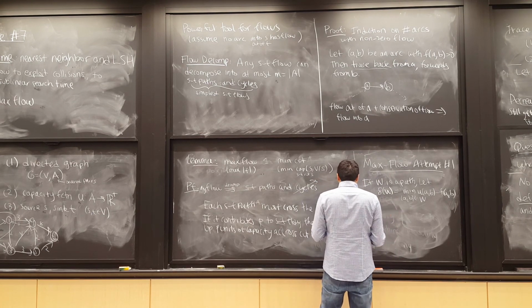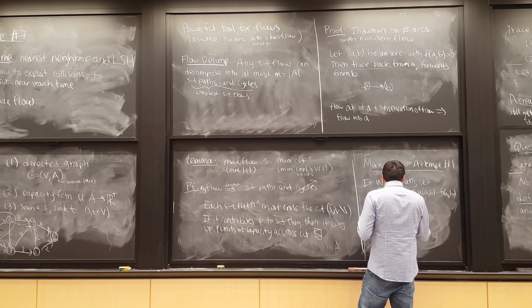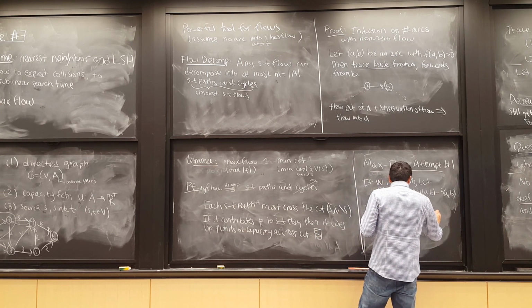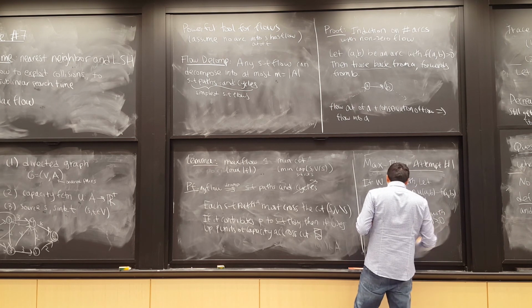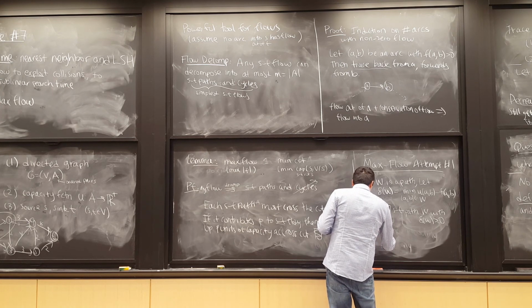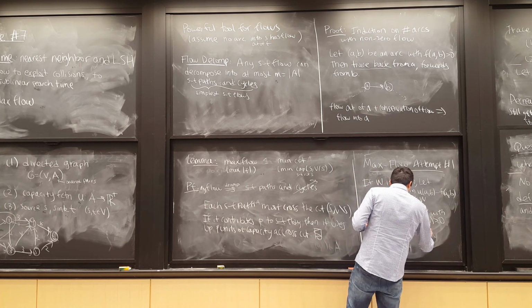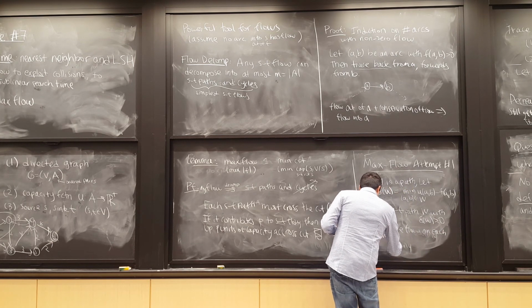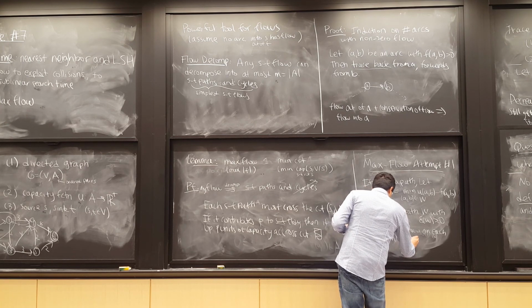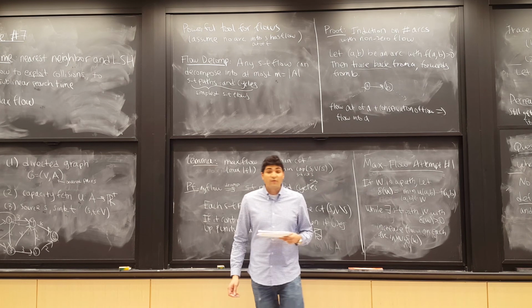Now, our first attempt for max flow is pretty simple: while there is an ST path W with delta of W greater than 0, increase the flow on each arc in W by exactly this bottleneck amount that we found.